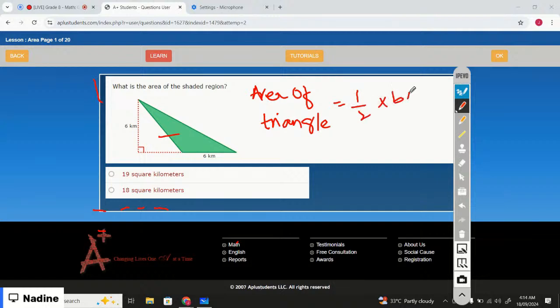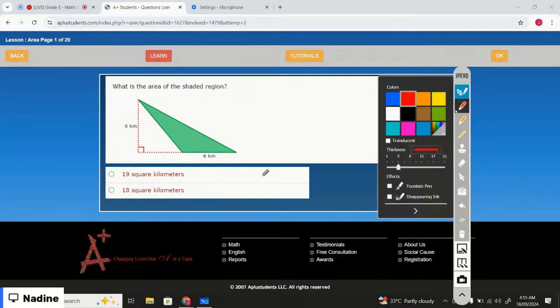Half times base times height. The correct option is 18.